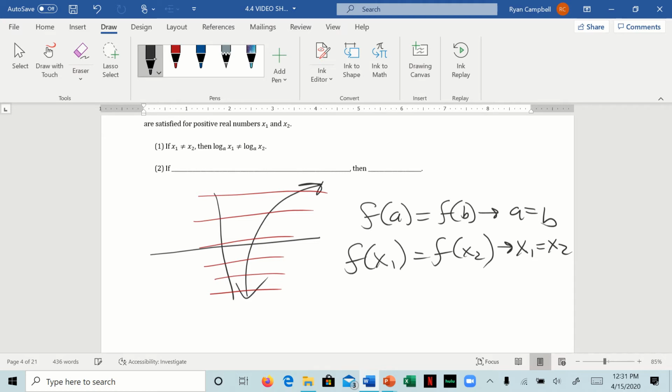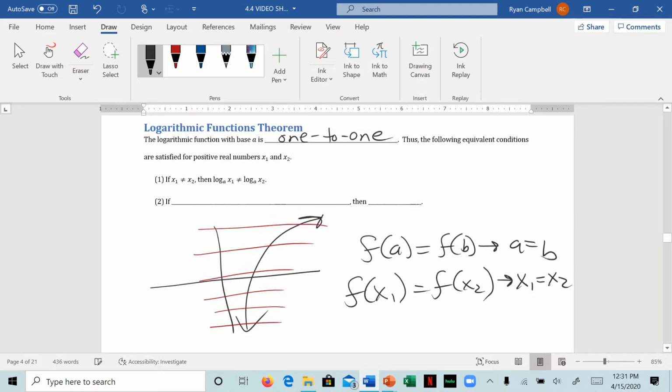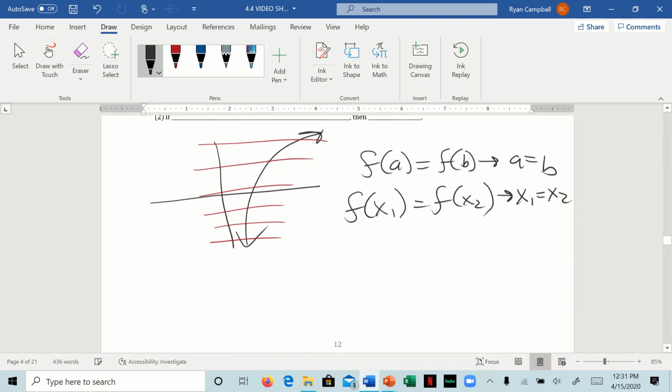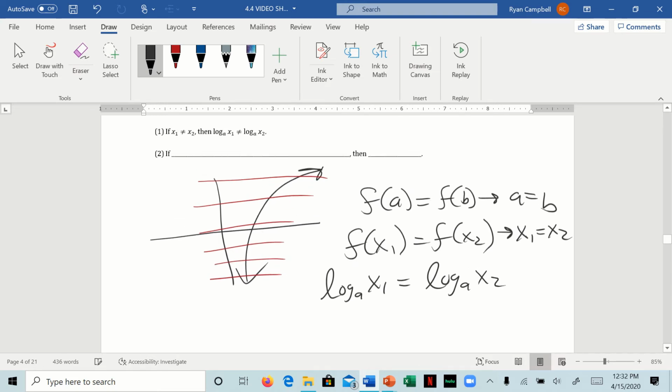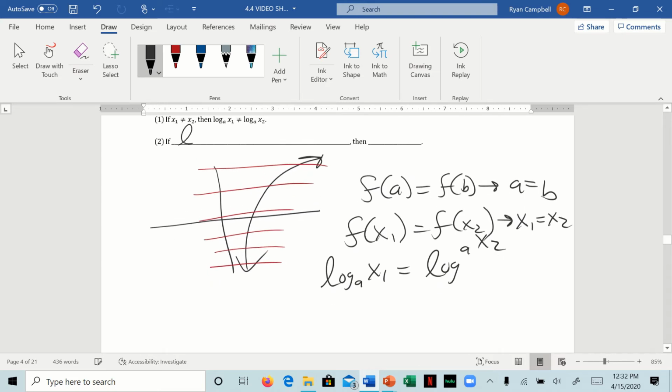And so what did we say f of x1 was? For a logarithmic function, it's going to be log base a of x1 equals log base a of x2. So if we have a log with a base equals a log with the same base, we can just get rid of the logs, kind of like the exponential rules that we did earlier.